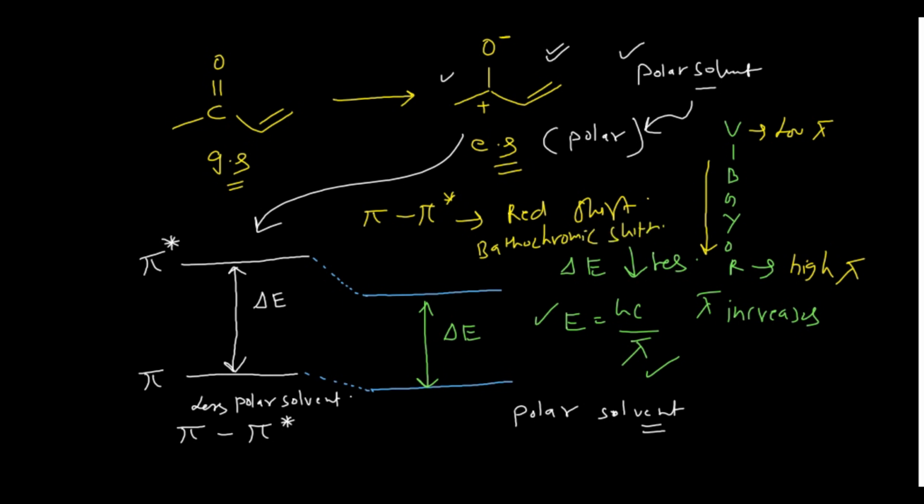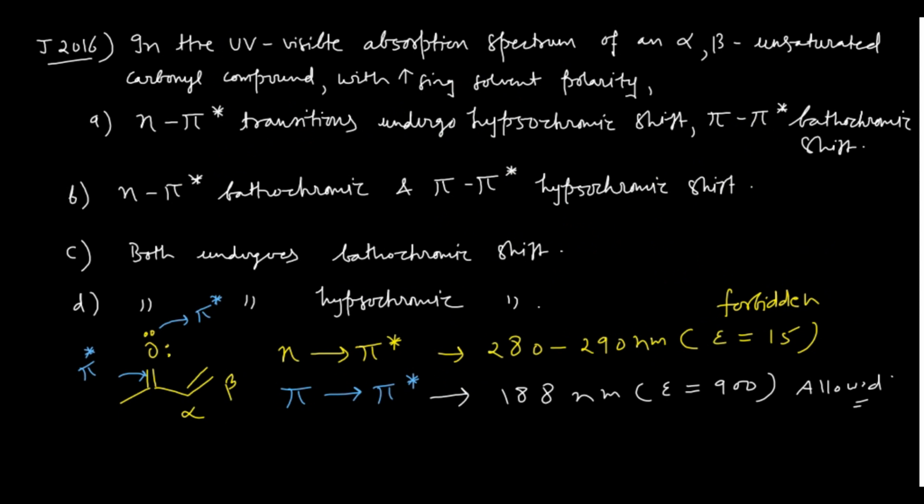If I go back, so please check what the options say here. Pi bonding to pi antibonding undergoes the bathochromic shift. Yes, we have seen this can happen. And non-bonding to pi antibonding undergoes the bathochromic shift, and pi bonding to pi antibonding undergoes hypsochromic shift.